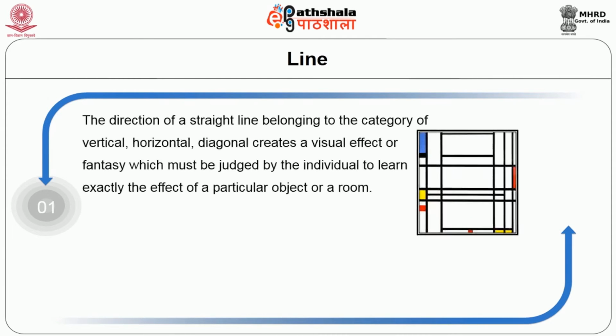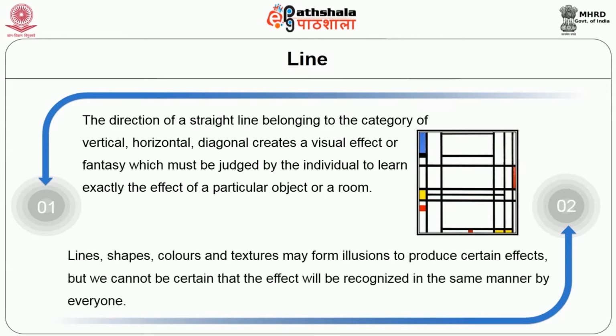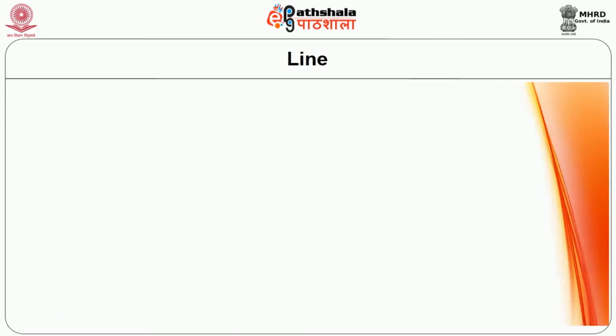The direction of a line, whether vertical, horizontal or diagonal, creates a visual effect which must be judged by the individual to learn exactly the effect on a particular object or a room. Lines, shapes, colors and texture may form illusions to produce certain effects, but we cannot be certain that the effect will be recognized in the same manner by everyone.